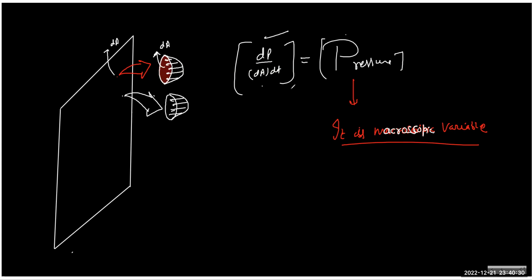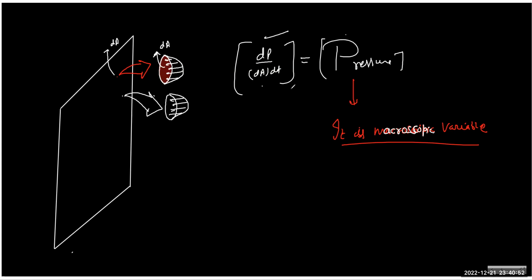So over a large time interval, the distribution attains some sort of symmetry. You can say the distribution will be uniform throughout. There is a distribution, but that distribution will repeat similarly throughout the volume. Is this clear?